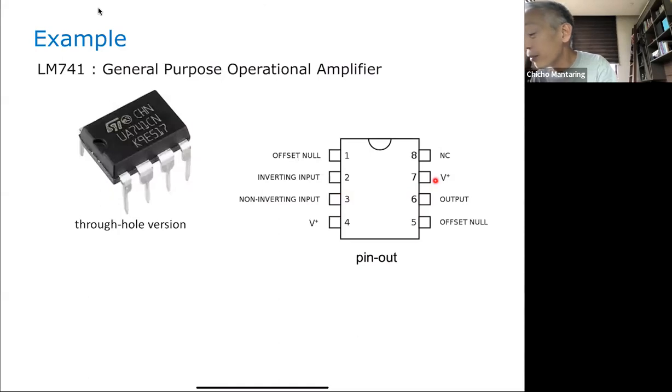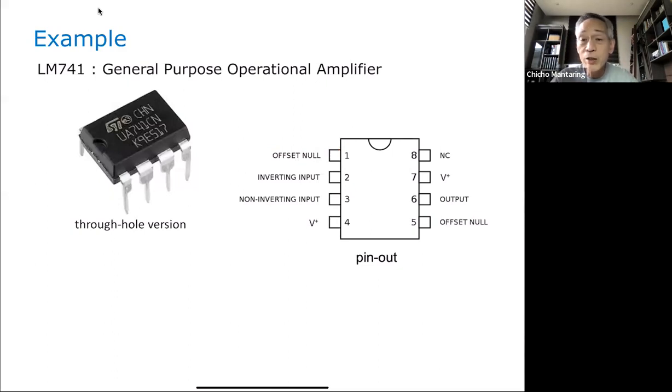By the way, there's a mistake here, no? One of these should be the negative supply, no? I can't seem to recall which one. Okay, so I'll correct that later, no? For the moment, don't worry about itong pin 1 at saka pin 5, which is your offset null, no?